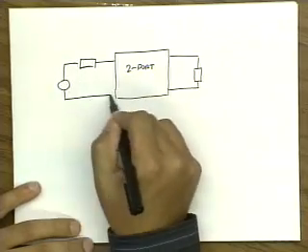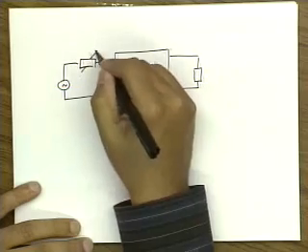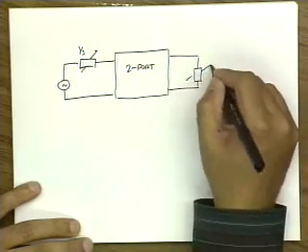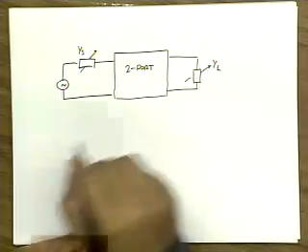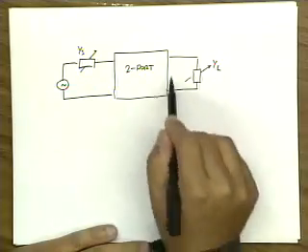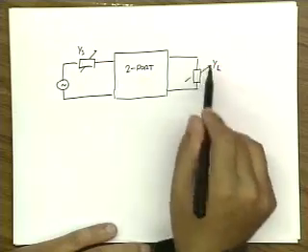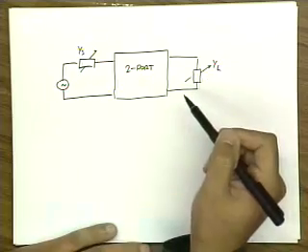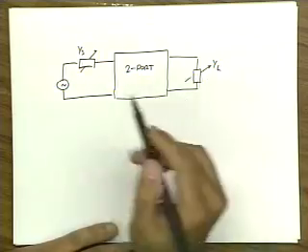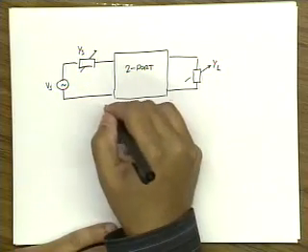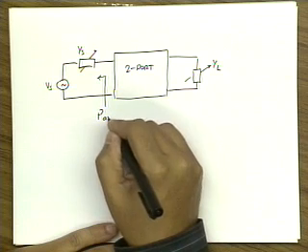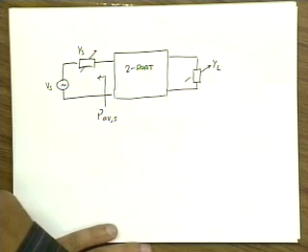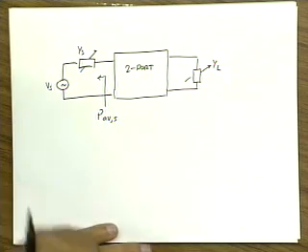And we asked the simple question, what are the optimal source and load admittances such that we can transfer the maximum power to the load? In other words, we maximize the power gain of this system. And the observation from last lecture was that the maximum power that you can transfer from the source is the power available from the source, from the maximum power transfer theorem.